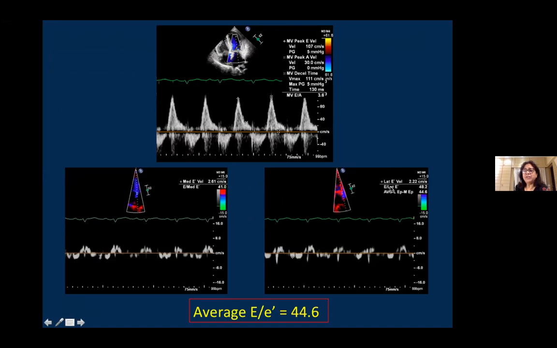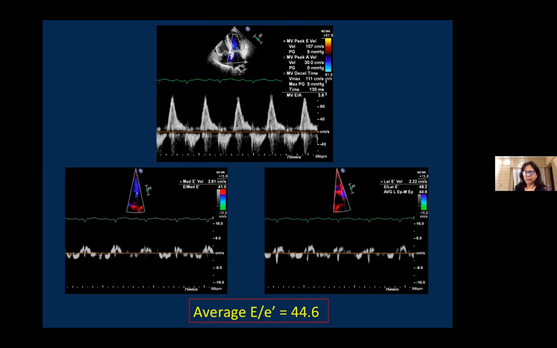And the lateral E prime velocity is only 2.2 centimeter per second. That gives us an average E by E prime of 44.6. So definitely this patient is in very advanced grade 3 diastolic dysfunction with very high LV filling pressure.